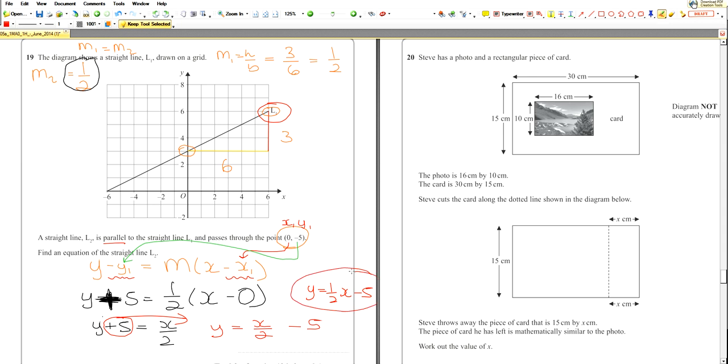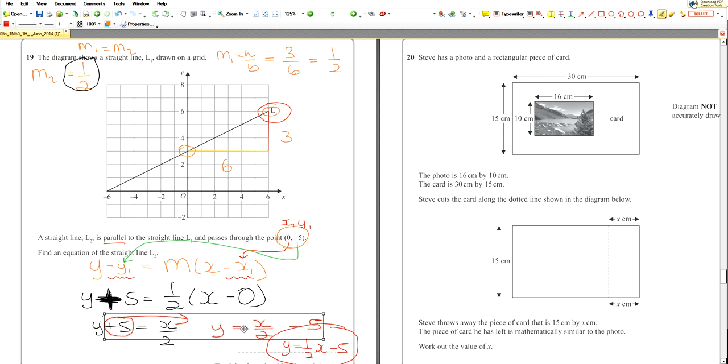Any one of those is mathematically correct. So the answer is y equals a half x minus 5. Are we happy with that, folks?